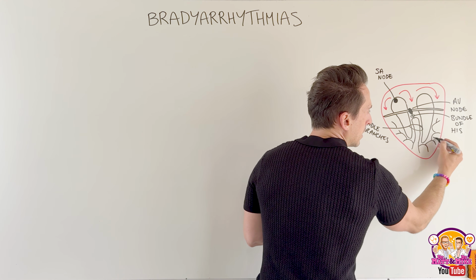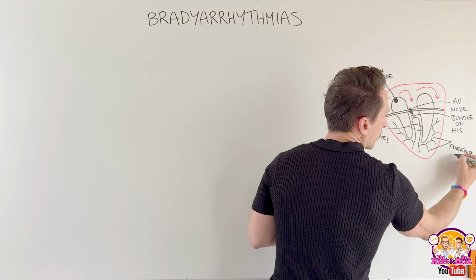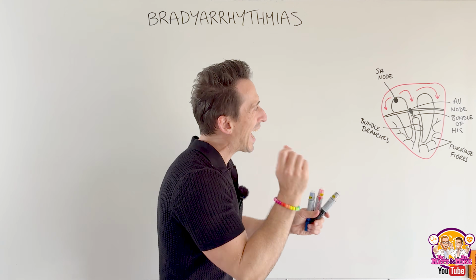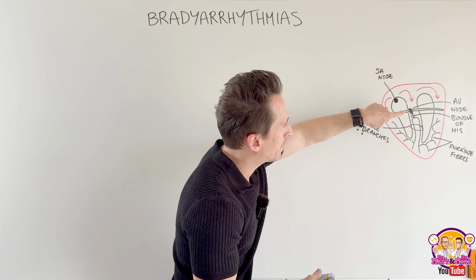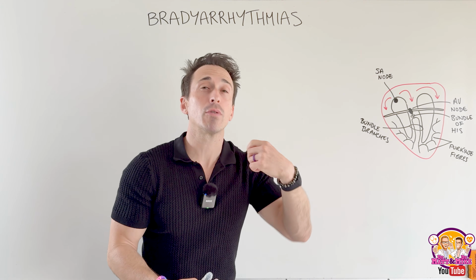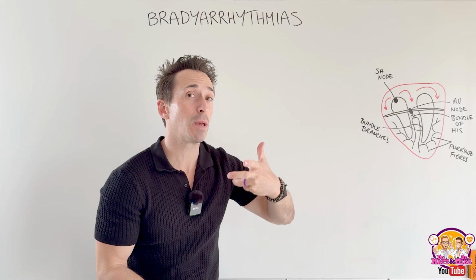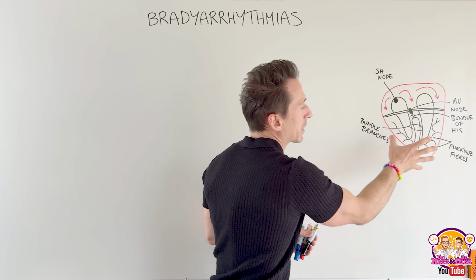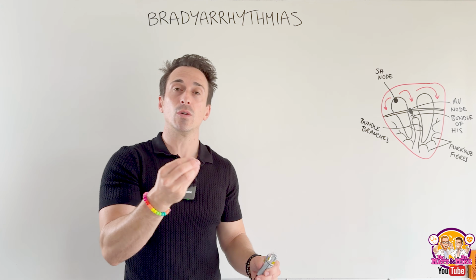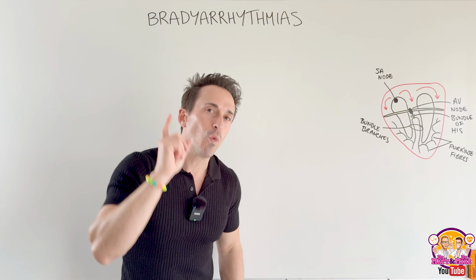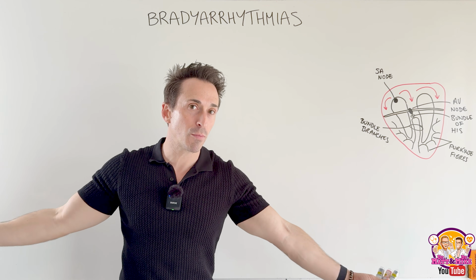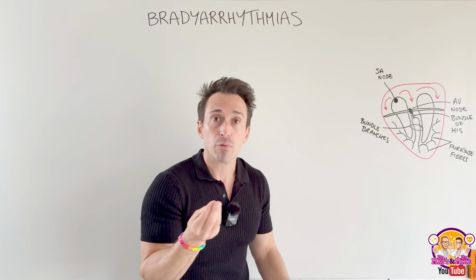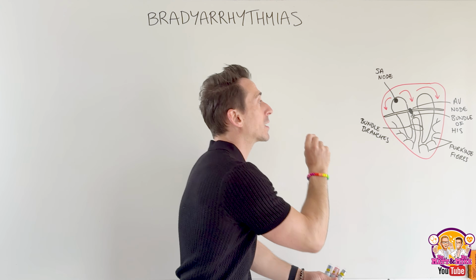So effectively, we have the SA node and the AV node are where electrical signals can be produced, right? And then the rest, the bundle of His, the bundle branches, and the Purkinje fibers is where the signal is conducted. So when we have an arrhythmia broadly, it can simply be a problem with electrical production or electrical conduction.